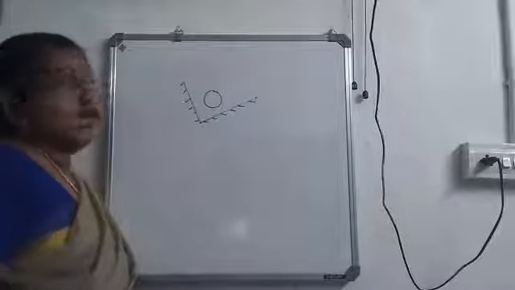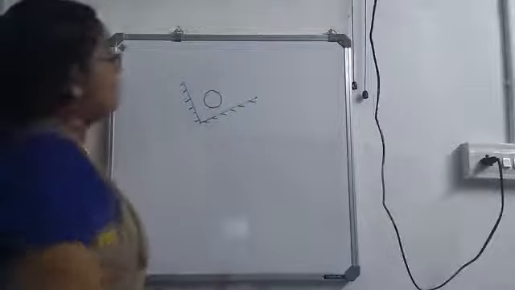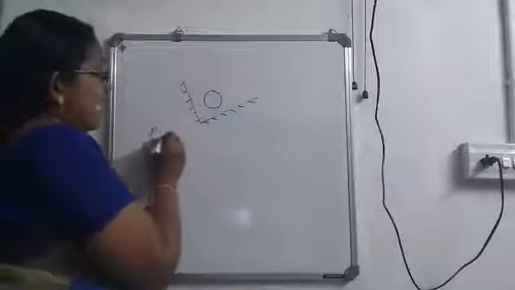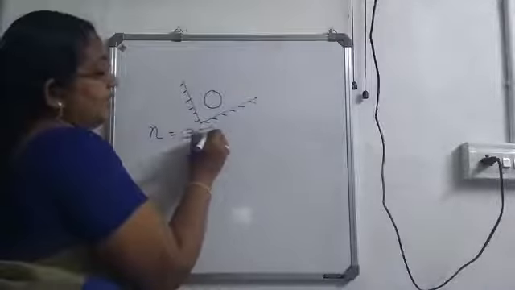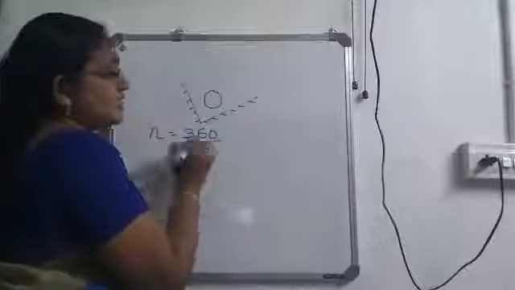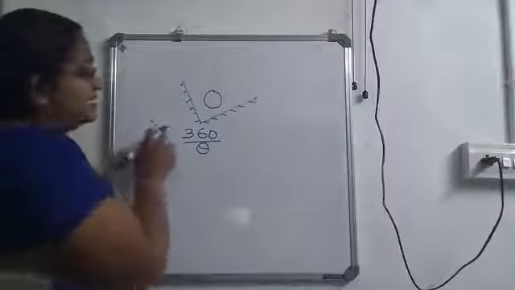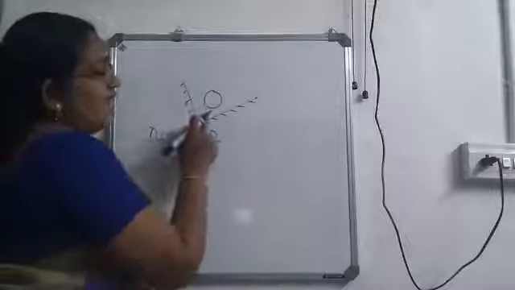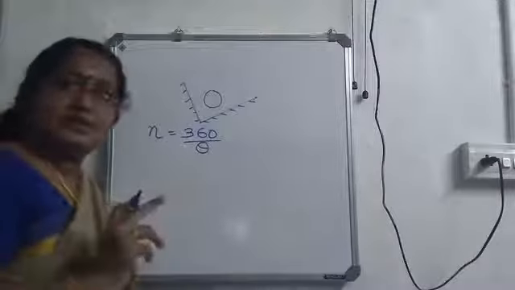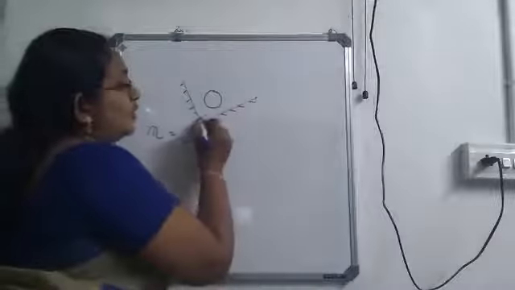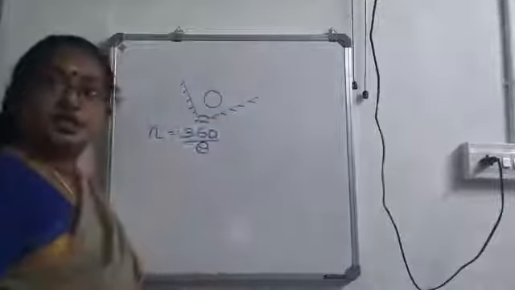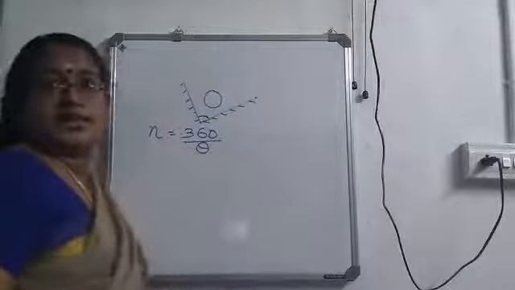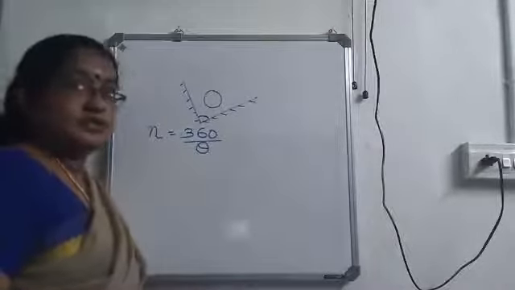In order to calculate the number of images formed, we have an equation: n is equal to 360 by theta, where n stands for the number of images, and theta stands for the angle at which these two mirrors are inclined. Which angle is formed in between these two? That is theta. Okay, is it clear?